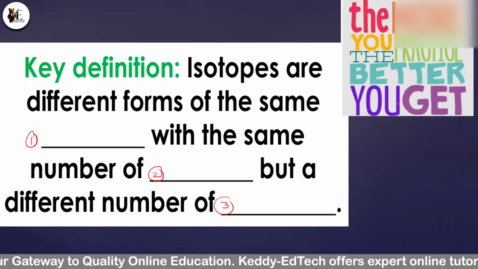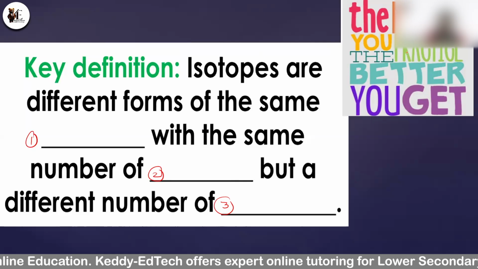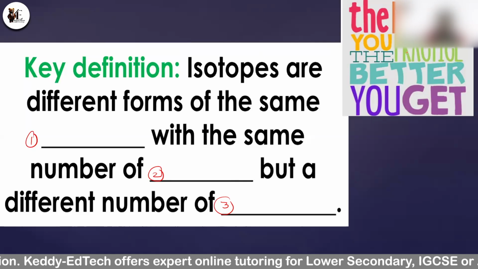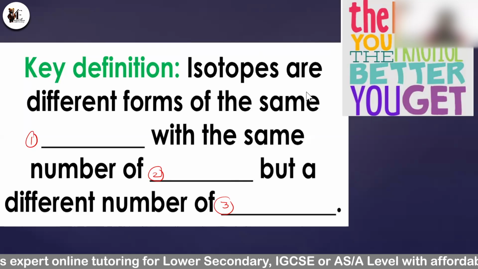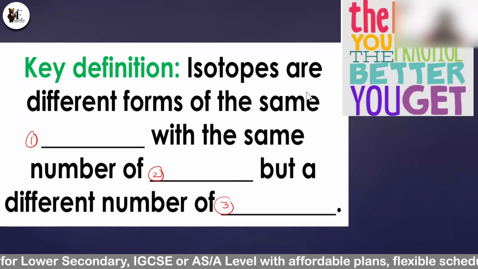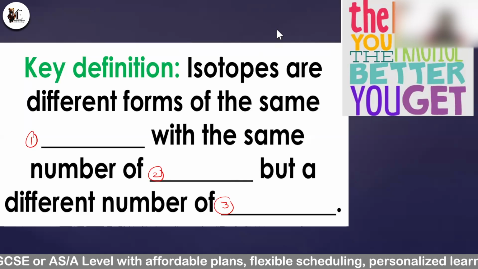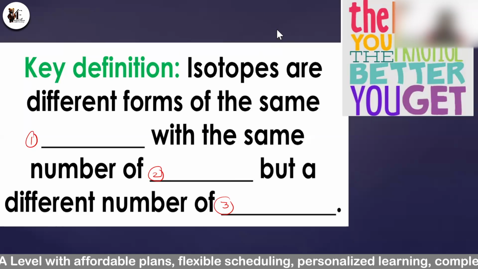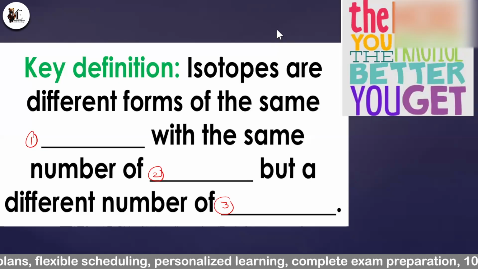No, it's okay. The answer is hidden in your definition only. So tell me the definition of isotopes which you have written. Look at your notes. By looking, you can easily tell. Read it aloud.